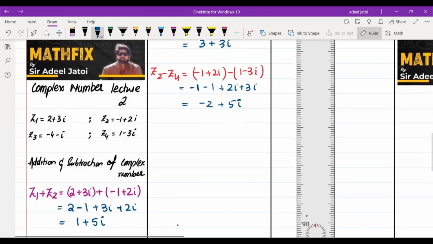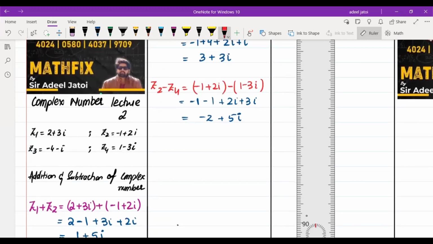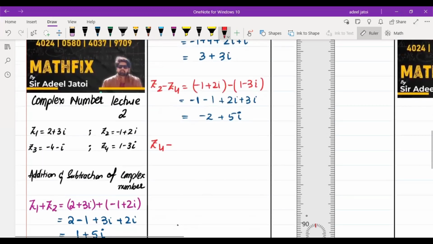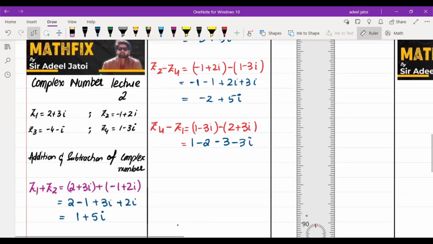Similarly, if we write down Z4 minus Z1, so 1 minus 3 iota minus 2 plus 3 iota, this will be 1 minus 2 minus 3 iota minus 3 iota, which will be minus 1 minus 6 iota.